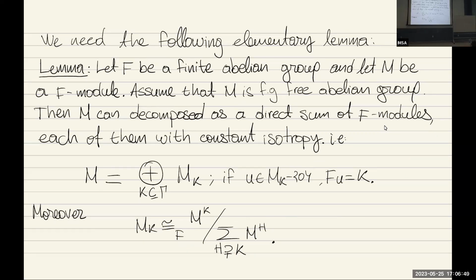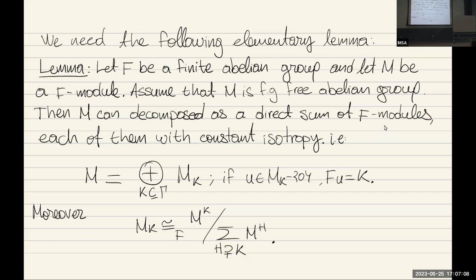Let F be a finite abelian group, and let M be an F module. Assume that M is a finitely generated free abelian group. Then M can be decomposed as a direct sum of F modules, each of them with constant isotropy.